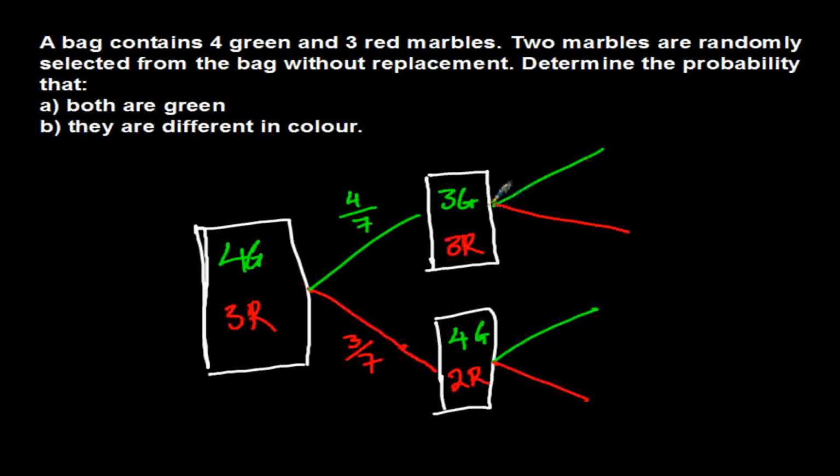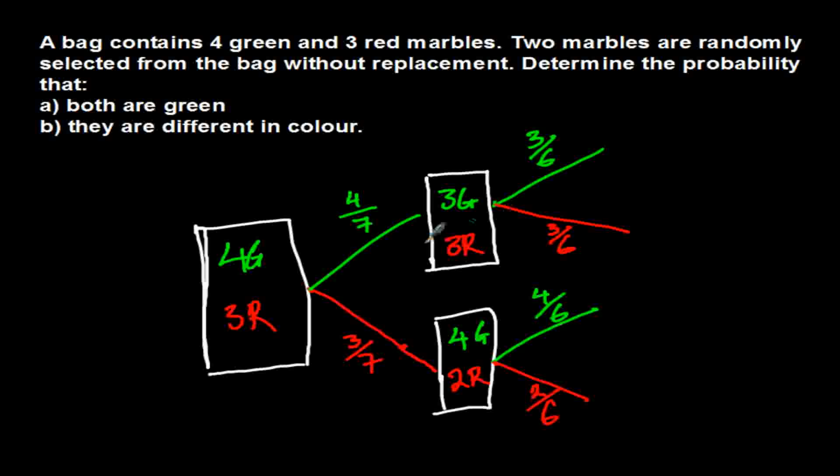So picking from this first case, the probability of getting a green will be 3 out of 6, and the probability of getting a red will also be 3 out of 6. Then from this second part, the probability of getting a green is 4 out of 6, and the probability of getting a red is 2 out of 6.